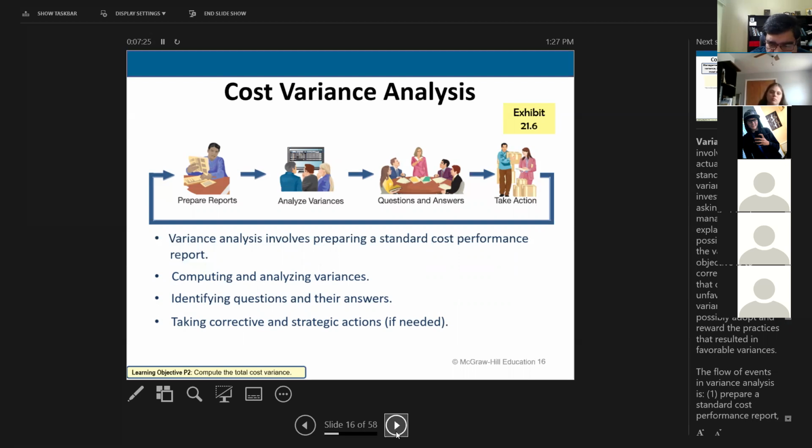So in the last case, if instead of 20 cents, we bought it for 21 cents for every orange, should the purchasing manager be held responsible? Or is that offset by the quality of oranges that we had to use less oranges than budgeted? So that's the reason to segregate the variances, to pinpoint where the responsibility lies.